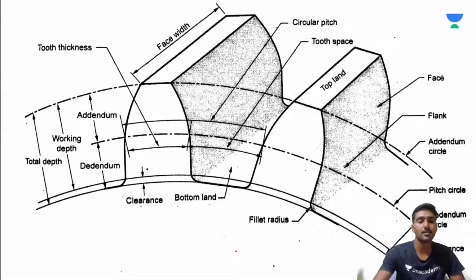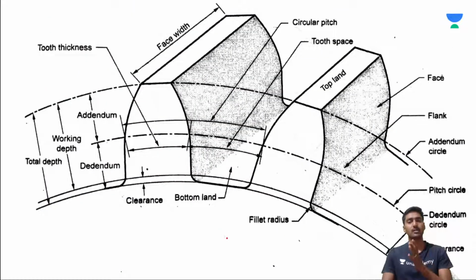So what is the pitch circle? This is a very important nomenclature diagram. It shows gear teeth, yes, there are two teeth here.